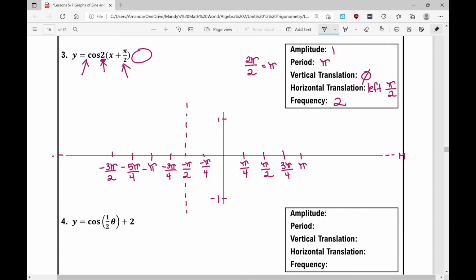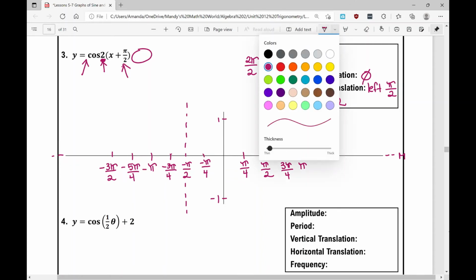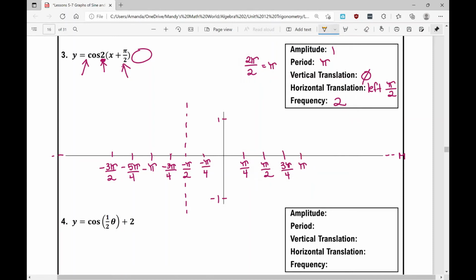Okay, so now let's graph. This is a cosine function, a cosinusoidal function, which means we're starting high, mid, low, and then mid, high. It looks like that. So from our center line now, we're at negative pi over 2. I'm starting high up here. And because I've labeled everything correctly, I'm going to go mid, then low, then mid, then high.